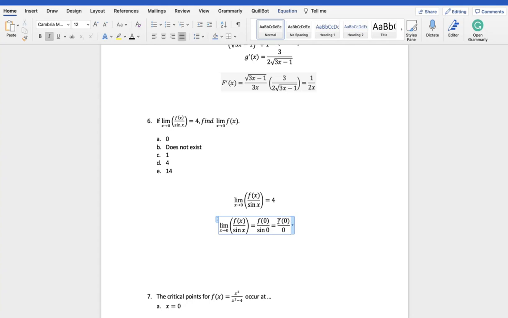So one of the assumptions that we can make is that f of x is equal to 0 as well. Because if f of x is equal to 0, then you would have 0 over 0, such that you can then use L'Hopital's rule and derive the numerator separately, divide that by the derivative of the denominator, which will become cos.